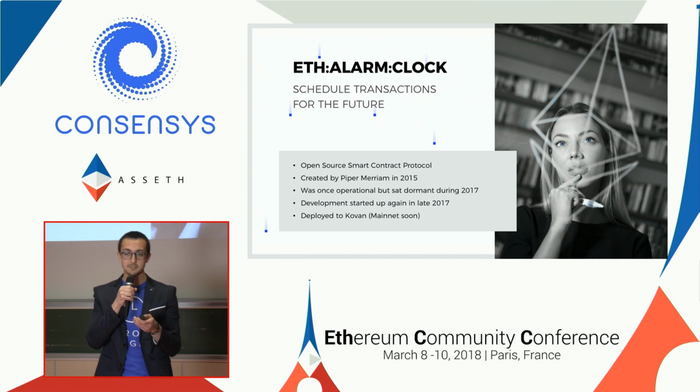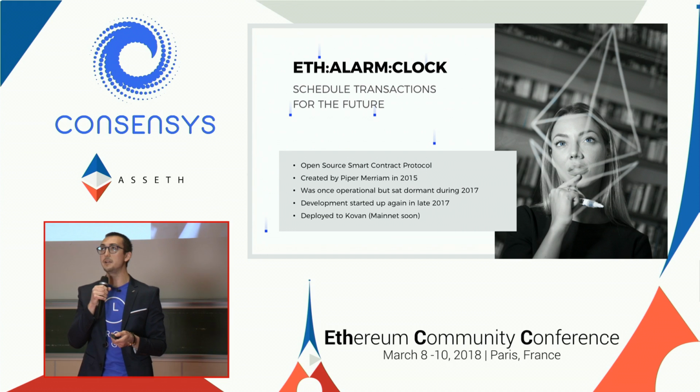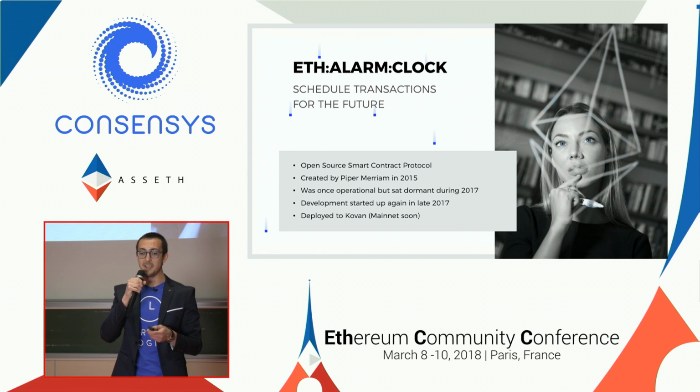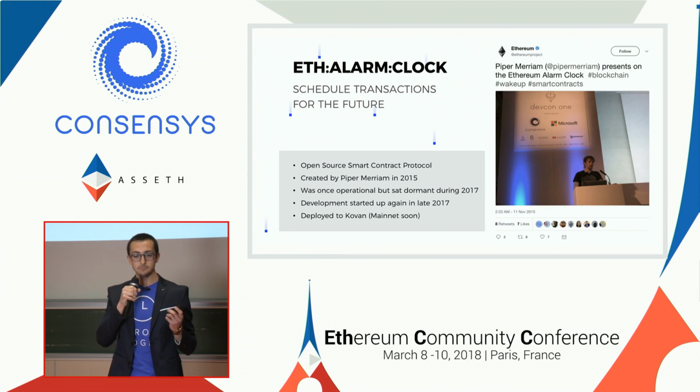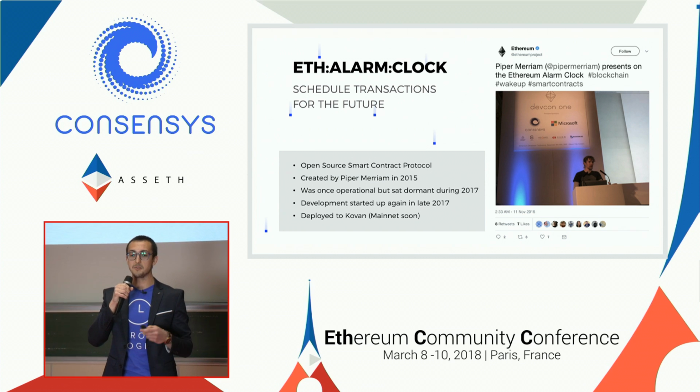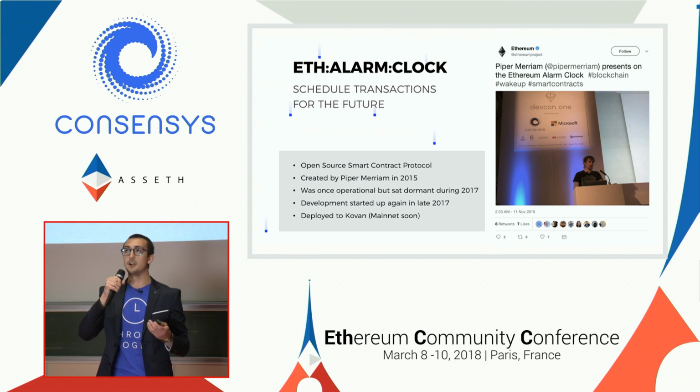So right now we have it deployed on Kovan and pending on the mainnet. So here's a picture of Piper doing the first talk on the alarm clock at DevCon 1 in 2015.